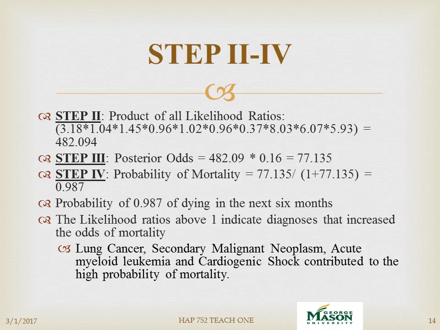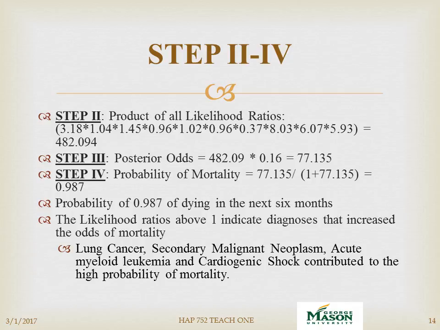After you have calculated the likelihood ratios for the 10 diagnoses that the patient has, we can go ahead and proceed to steps 2 to 4. As you remember from the previous slide, the first step is to calculate the product of all the likelihood ratios.